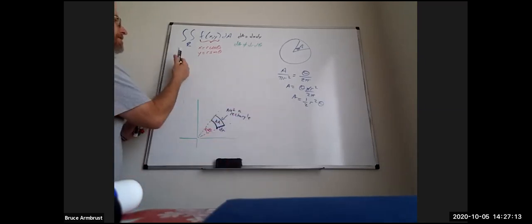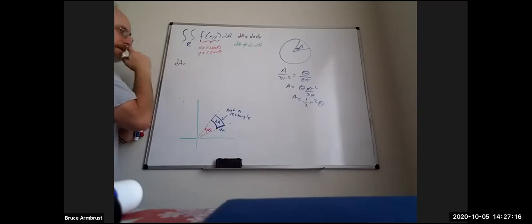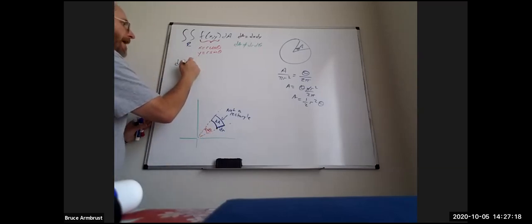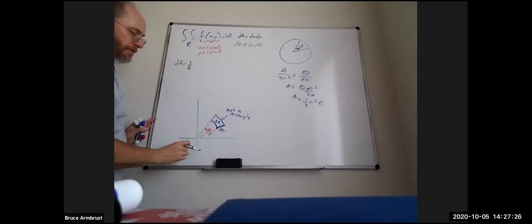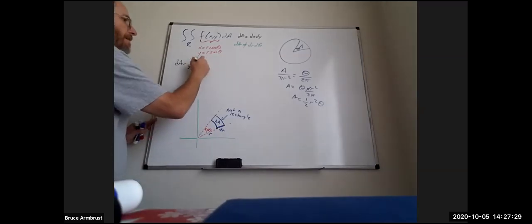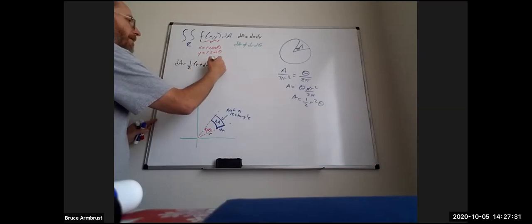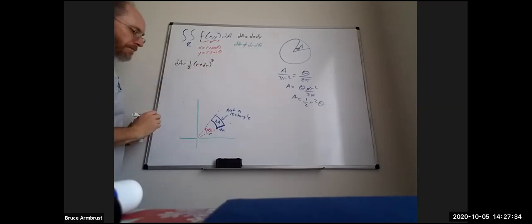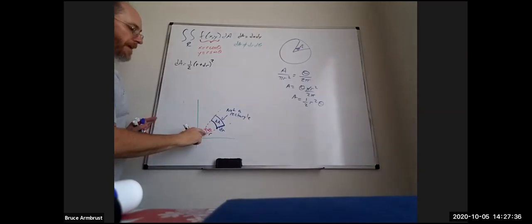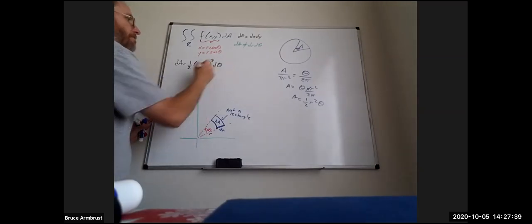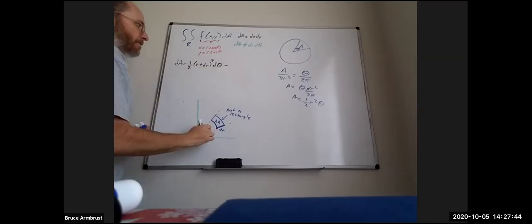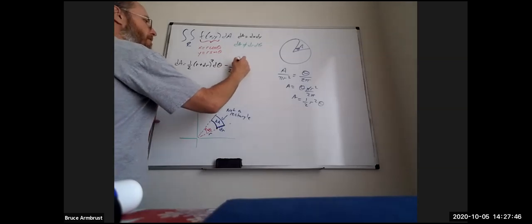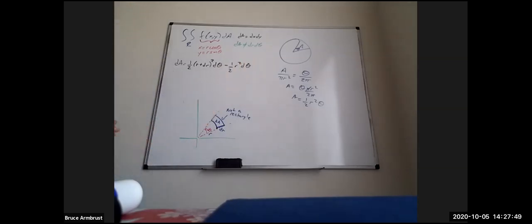So dA is going to equal 1/2 times its radius, which if we call this R, is R plus dr squared, and the angle, of course, is d theta. Then we subtract the smaller one, which is 1/2 r squared d theta.